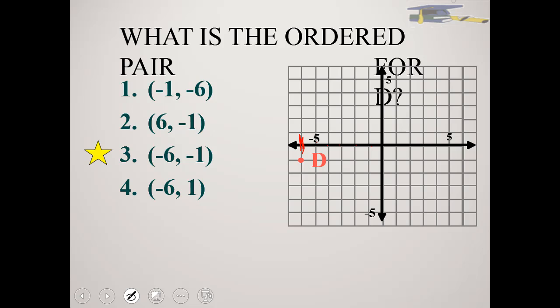No. It's not 0. It's on the y-axis. It's -1. See? So we'll go from here, and we'll go from here. So it's -1 here. So it's -6 and -1.